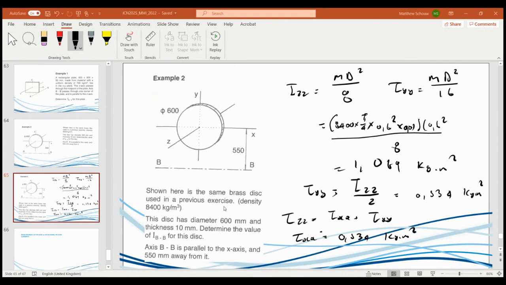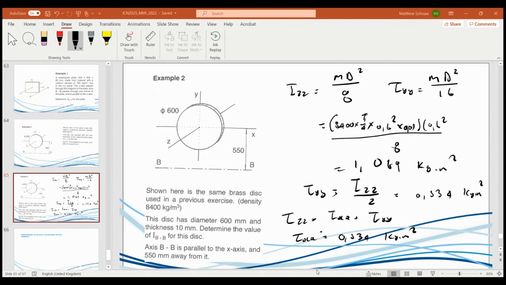Yes, Mr. Duplessis. Yes, that's correct, sir. I understand, because I could have done the parallel axis theorem from the start. But in the previous example, example 1, this axis BB is at a horizontal to the y. Go up to example 1. You mean example 1, so not example 2?